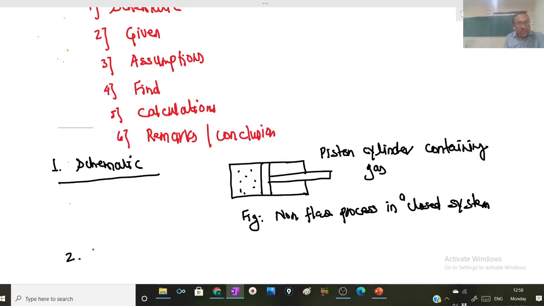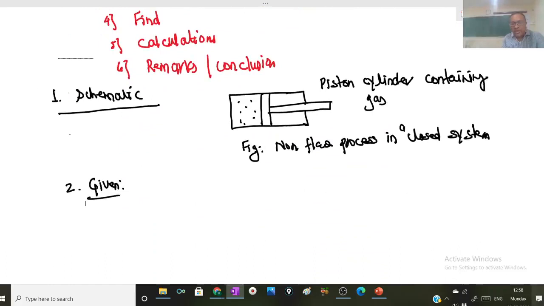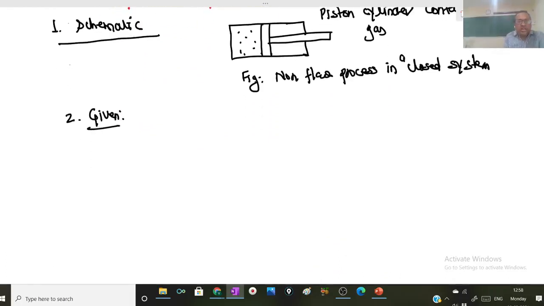Then step number 2, given. So what are the things given to you? We have been given relationship between pressure and volume, and initial volume and final volume is given. And mind well, while enlisting all the given values, please convert all those values into SI units. So here P is given as V square plus 8 by V, and the unit of pressure is given in bar.